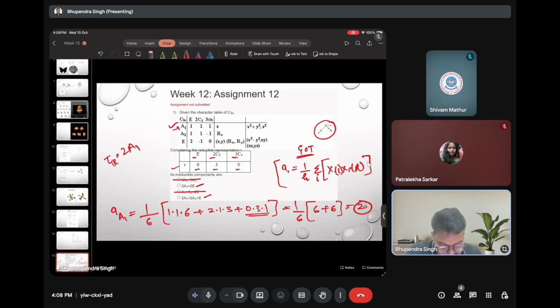So for, let's say, solve for A2, 1 by 6, then what will be the answer to this multiplication? 1 6 1, and then 2 3 1 and 0.